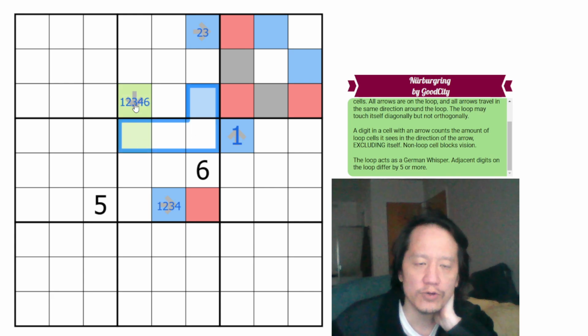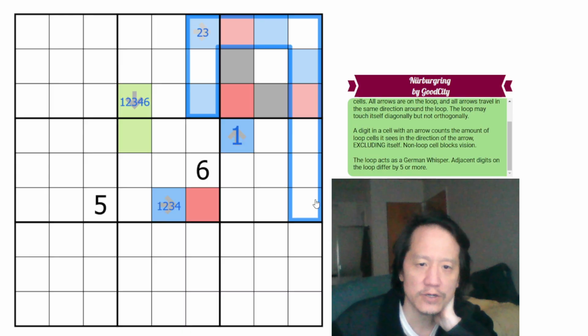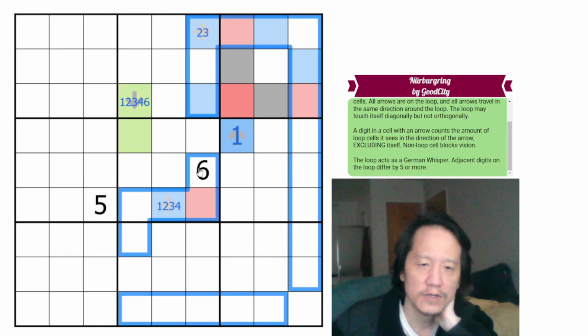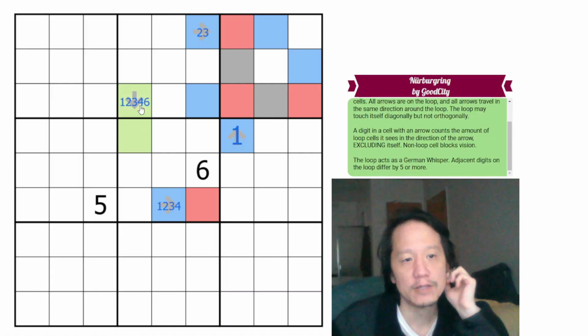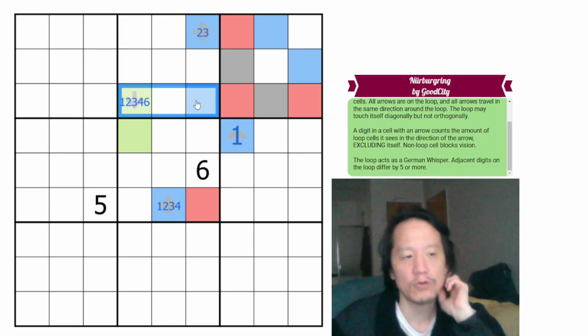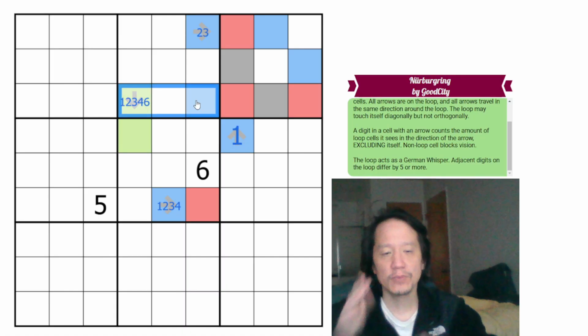Any other way you get to here would be the same way. So say you went around here to here to here. Say it went here. Somehow, some way, it got back here. This would still have to be in the blue because there's no other way for it. Always alternates like a checkerboard, right?